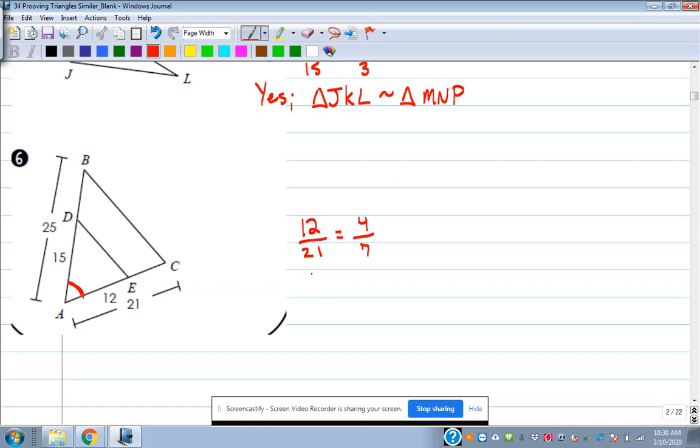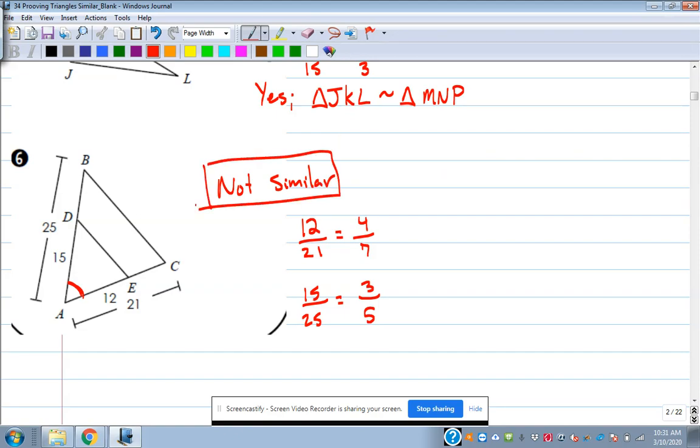And then the other proportion we need to check would be 15 over 25, which is not 4 over 7. So these are not similar, because that ratio is not the same. Real simple idea of checking similarity based on that.